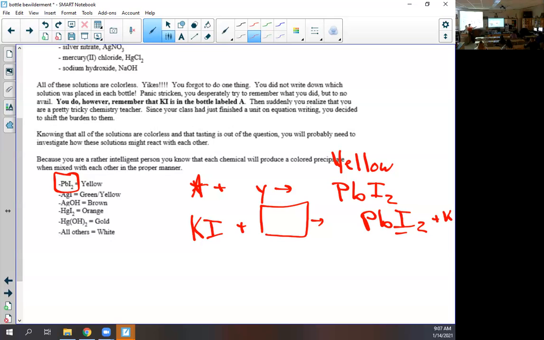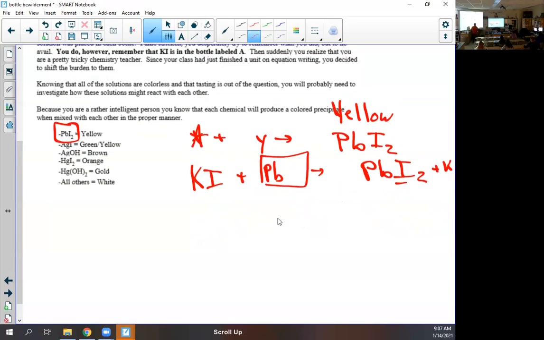But my other question is, where did the Pb come from? It has to have come from here. So look with me. We know PbI2 is at the party. We know that the I came with K. Pb must be here, and we've got to see who it came with.